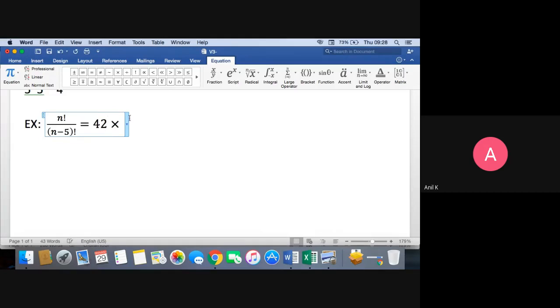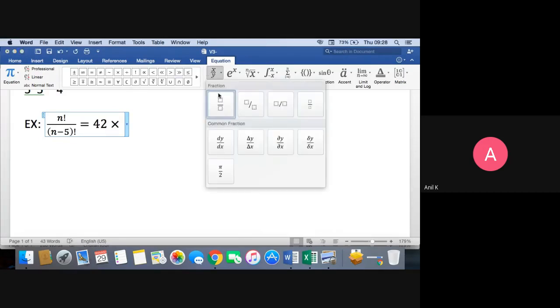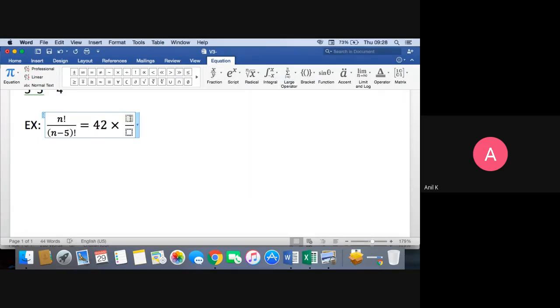The nP3 formula is n factorial upon n minus 3 factorial.